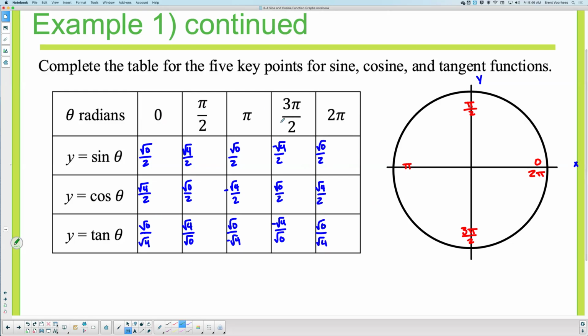Okay, when you go through these, every single one of these could reduce. Every single one. Because the only numbers you don't reduce are when it's the square root of 2 or a square root of 3. Make sure you're staying with me now. So anything that's not a square root of 2 or a square root of 3 gets reduced, which means everything gets reduced. What's the square root of 0? 0. And 0 divided by 2 is 0.